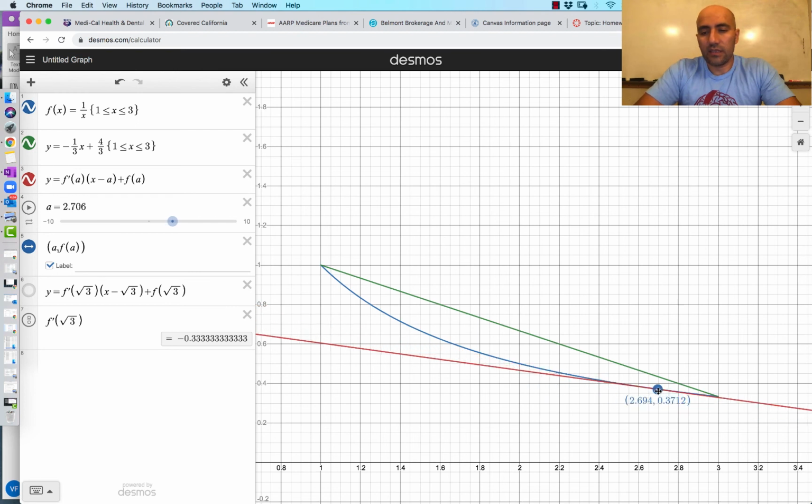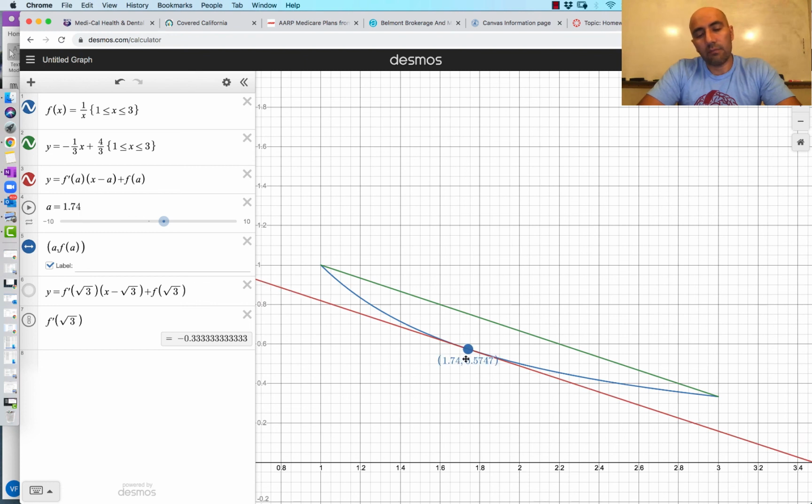We can see that there's exactly one point where the red tangent line is going to be parallel to that green one. Not there, not there, somewhere around there. We discovered that the answer is at the point where x equals √3.